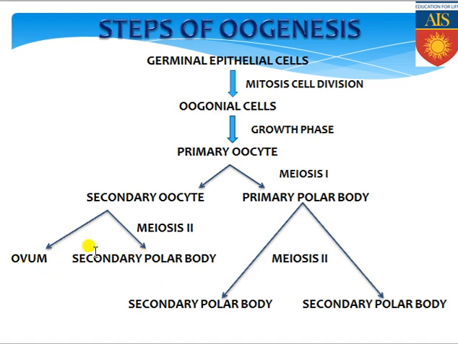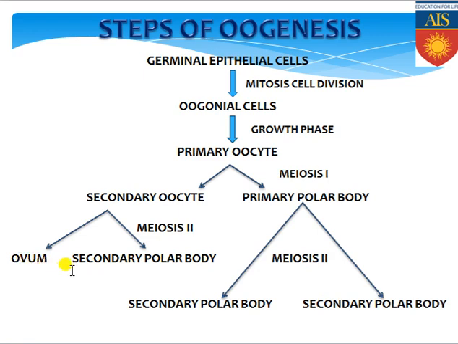The primary polar body also gets divided by meiosis 2 cell division, producing secondary polar bodies. These 3 secondary polar bodies degenerate within the ovary. Only the ovum remains active, because the ovum is considered a gamete and will be involved in the fertilization process.